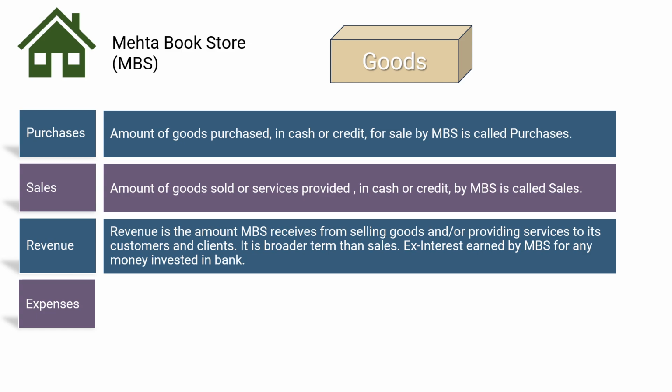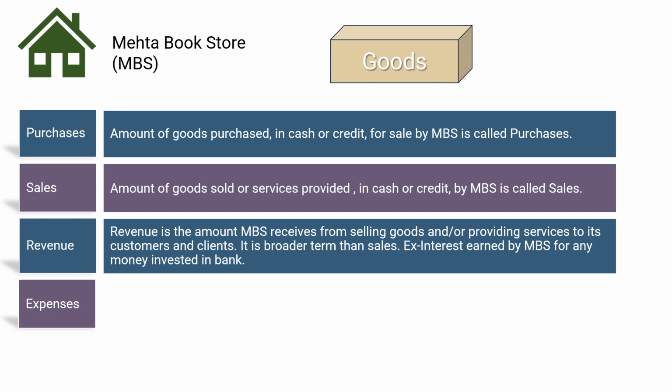Suppose Mehta Bookstore has a lot of money in the form of cash. If it is depositing this amount of cash in the bank and the bank is paying interest, so that interest amounts to revenue. It's not sales, because sales is only the sale of goods or providing of service. Generating this extra income will be a part of revenue. Okay, so this is a broader term than sales.